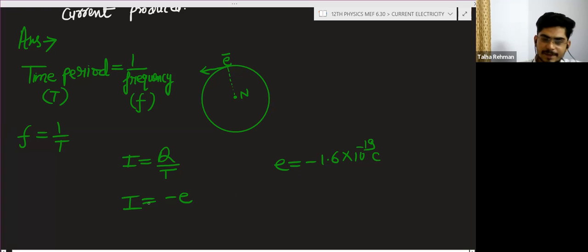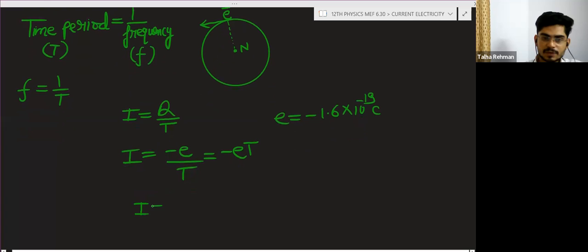So charge is minus e, and time is time period. You will take the time period, and you know that 1 upon time period is equal to frequency. So this will be your answer.